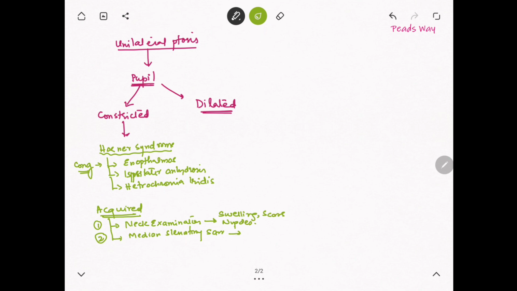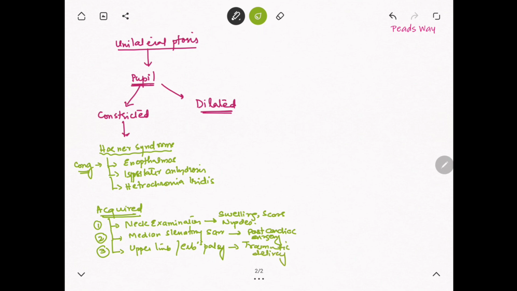It can occur post cardiac surgery. Horner syndrome is common after cardiac surgery. And number three, you need to look for is upper limb Erb's palsy. It can occur alongside Erb's palsy during traumatic delivery.